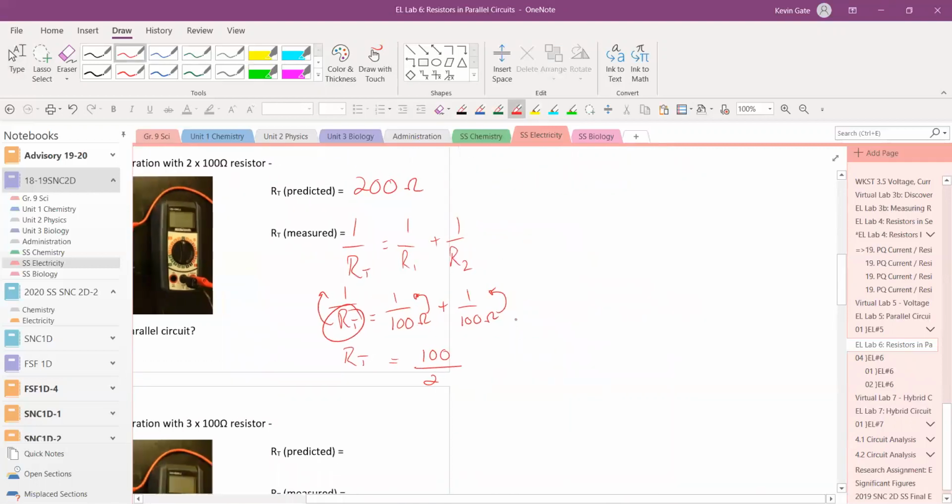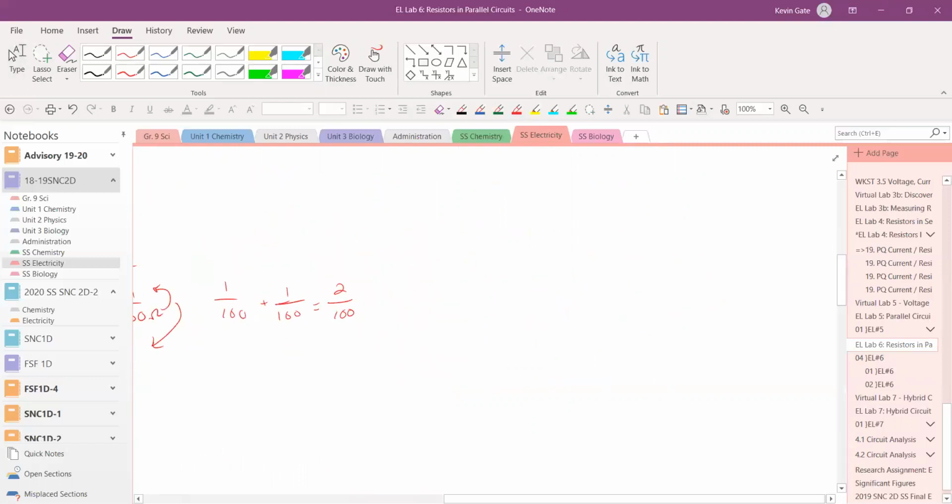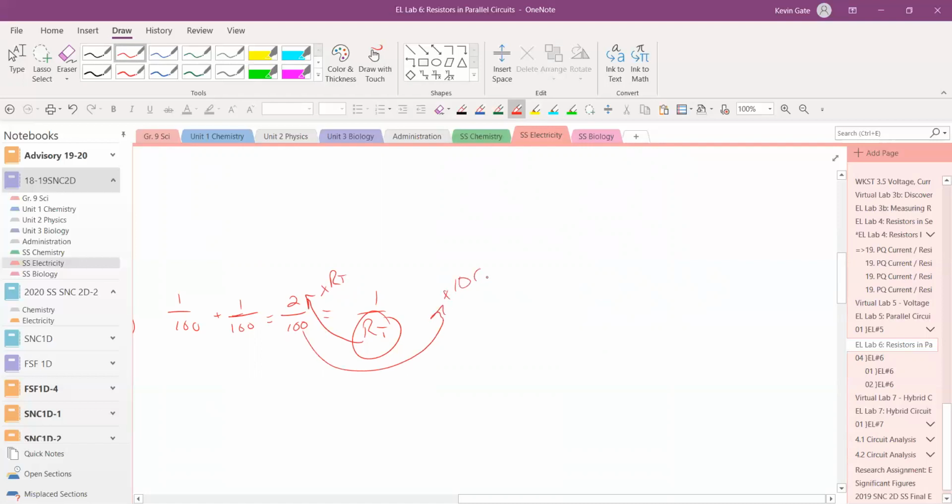Okay, I may have skipped a step there, so just to summarize how I got from here to here. 1 over 100 plus 1 over 100 is equal to 2 over 100, which is equal to 1 over RT. In order to get there, we multiply by RT, multiply by 100, and divide by 2.